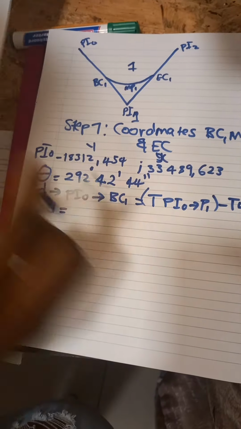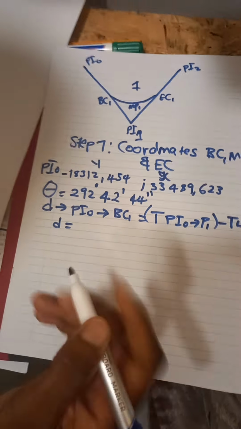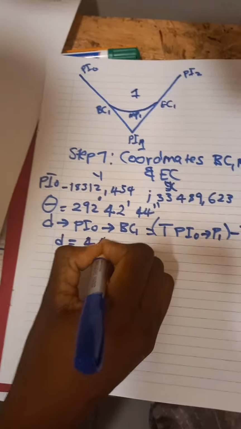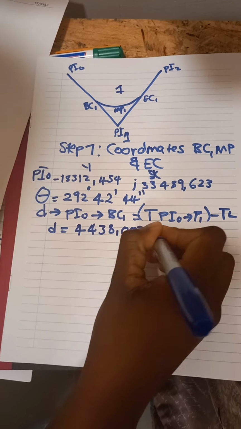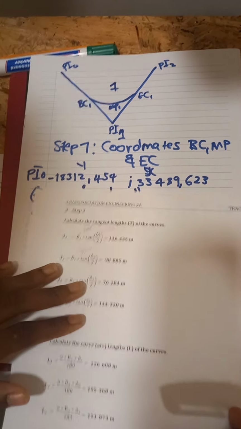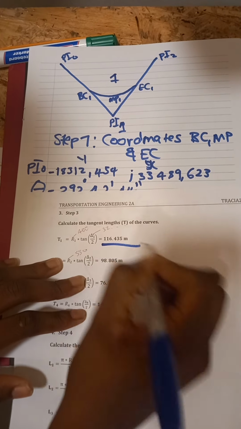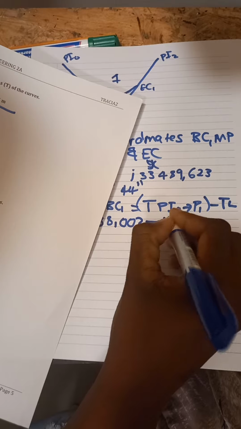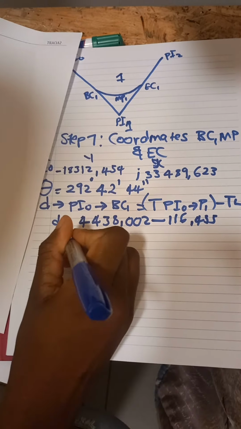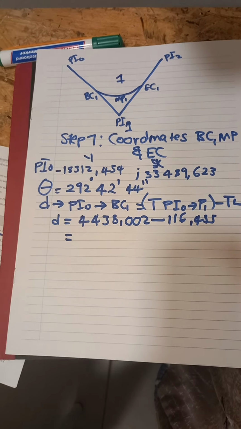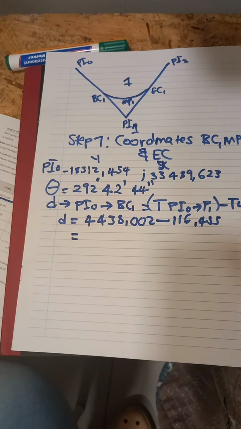The distance from PI 0 to PI 1, we calculated it, we got 4438.002, minus our tangent length. We calculated it and we got this value, which was 116.435. This will give us the new distance.